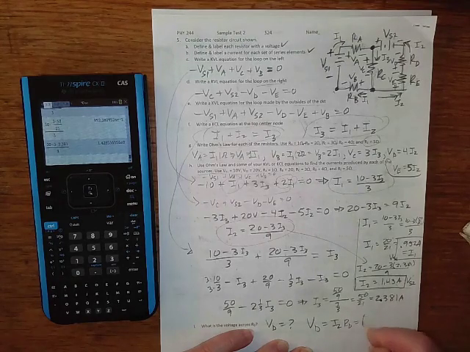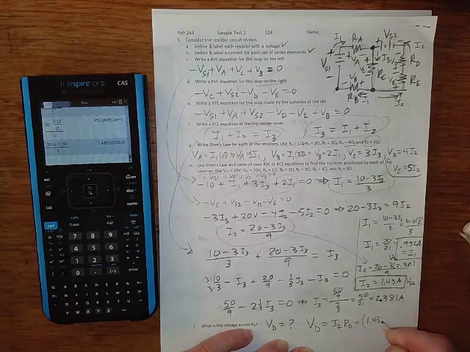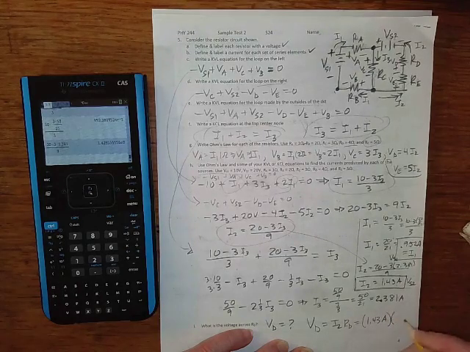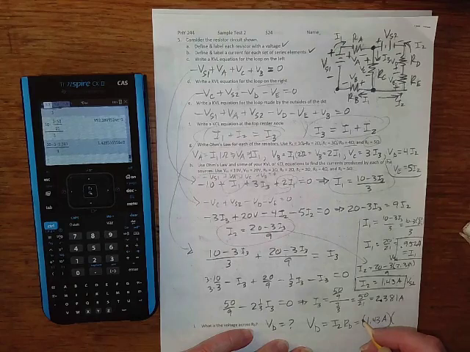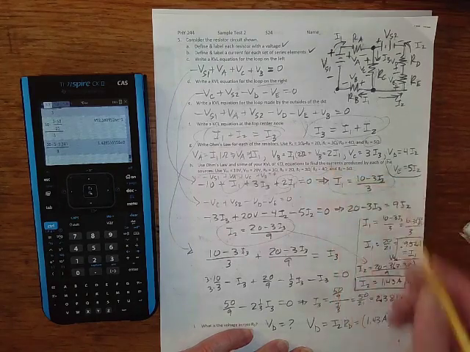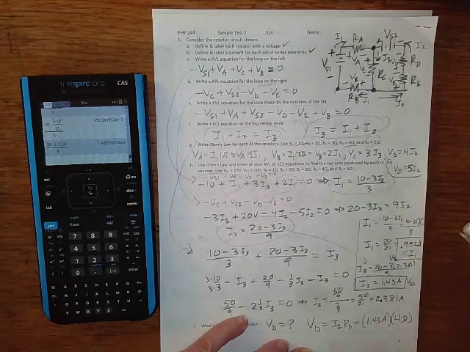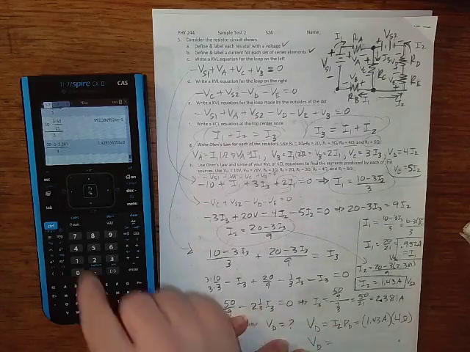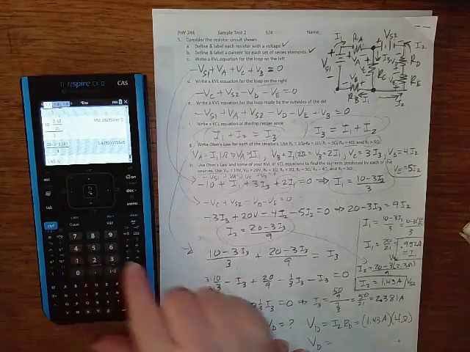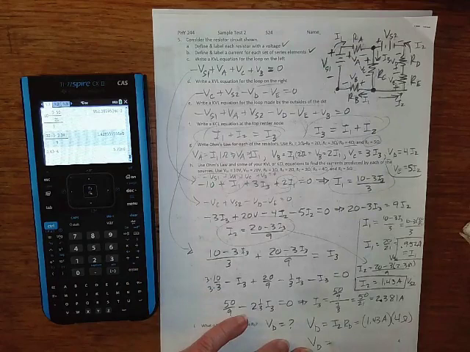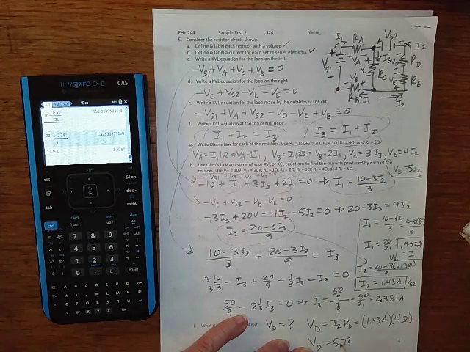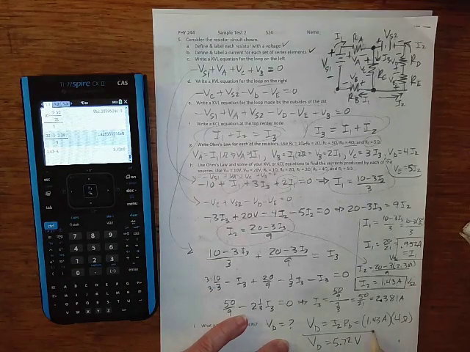And so I2 is 1.43, give or take a sig fig, and RD is 4 ohms. So VD equals 1.43 times 4, 5.72 volts.